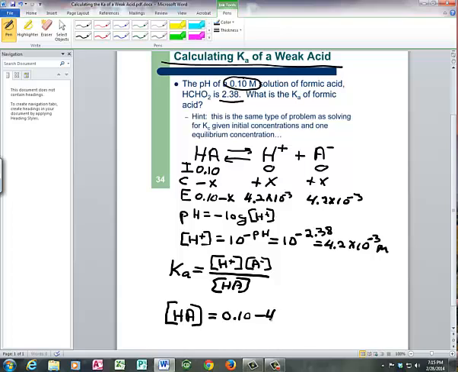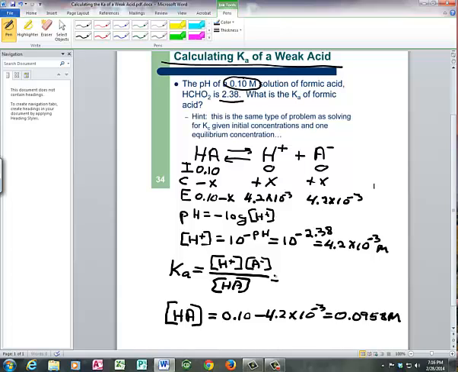X is 4.2 times 10 to the minus 3. And when we do that, we get a concentration of our weak acid that remains in solution after equilibrium is established, of 0.958 molar.